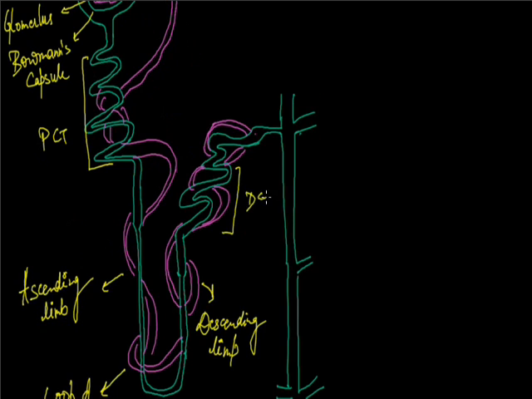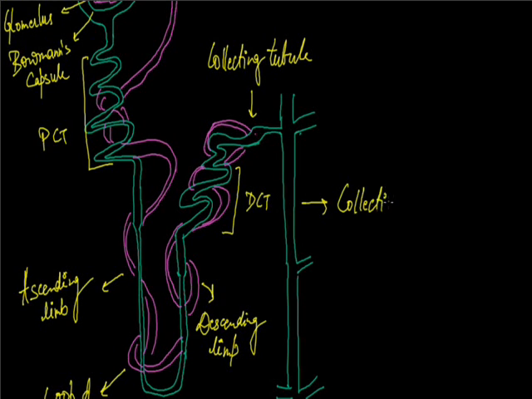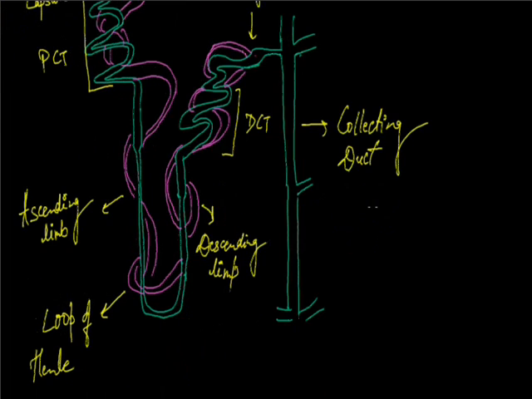This part is called DCT, which is a distal convoluted tubule. This part is collecting tubule which joins the DCT to the collecting duct, and this long structure is called collecting duct, which opens up into many collecting tubules of nephron.